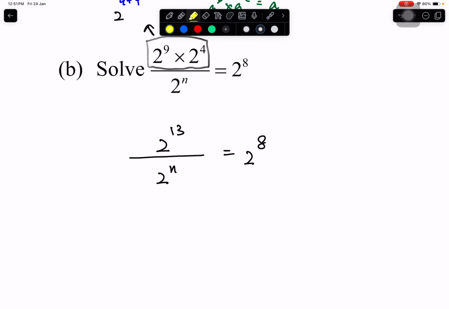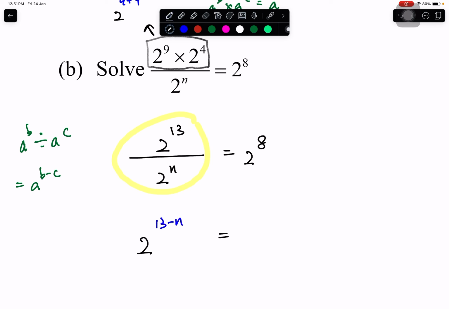Now on the left hand side, you can use a to the power of b divided by a to the power of c, which is a to the power of b minus c. You will have 2 to the power of 13 minus n. Right hand side it's 2 to the power of 8. Now, because your unknown is the 13 minus n, right?